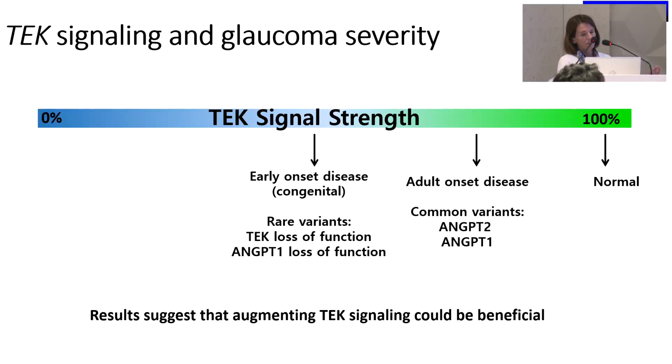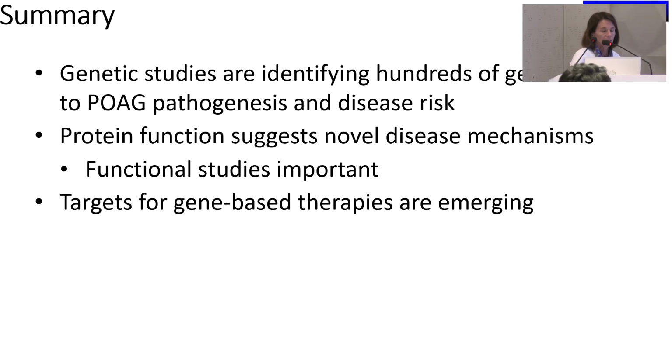So this points to this kind of important TEK signaling strength where we have TEK mutations that cause early onset disease as well as adult onset disease, which is interesting in terms of thinking about the full spectrum of glaucoma disease in some of these genes. So just to summarize, genetic studies are identifying hundreds of genes related to pathogenesis and disease risk.